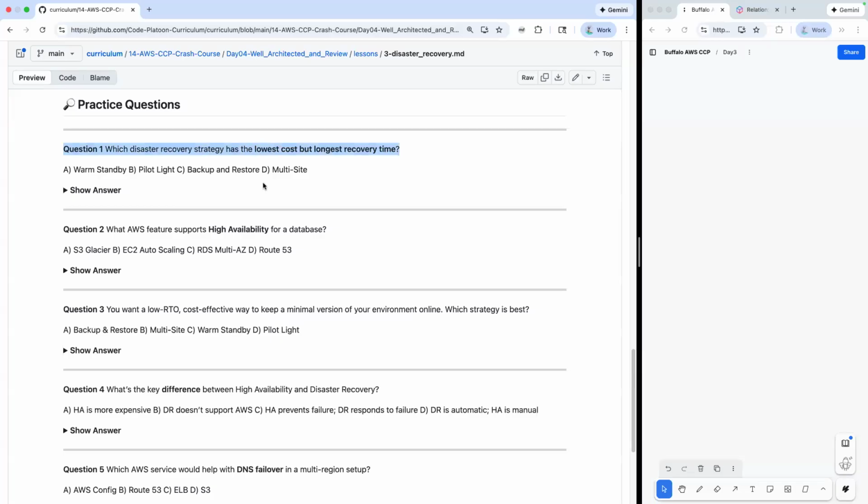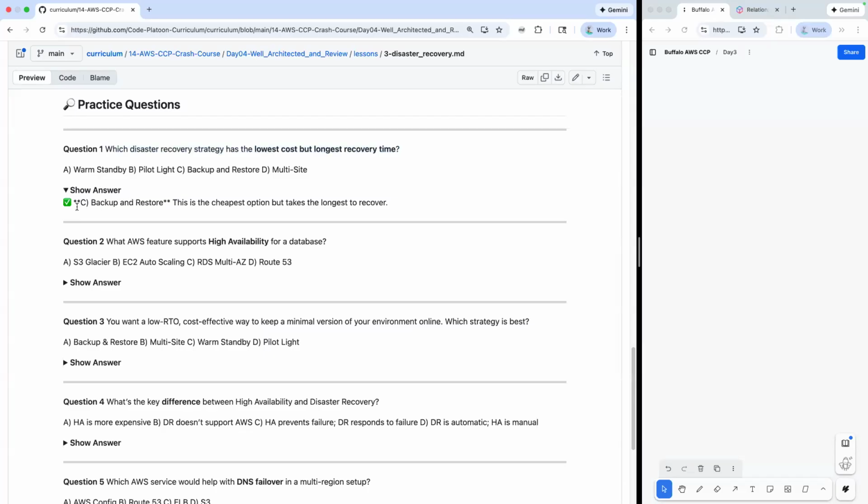Tom, what disaster recovery strategy has the lowest cost but the longest recovery time? So I'm going to jump in here just in the interest of time.